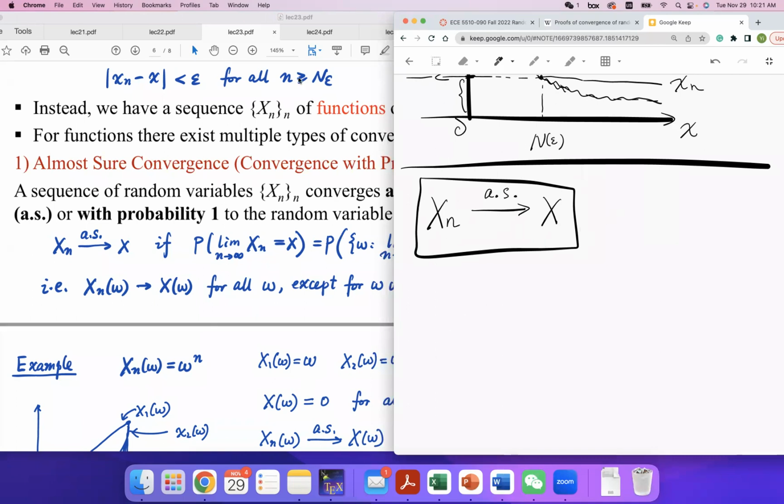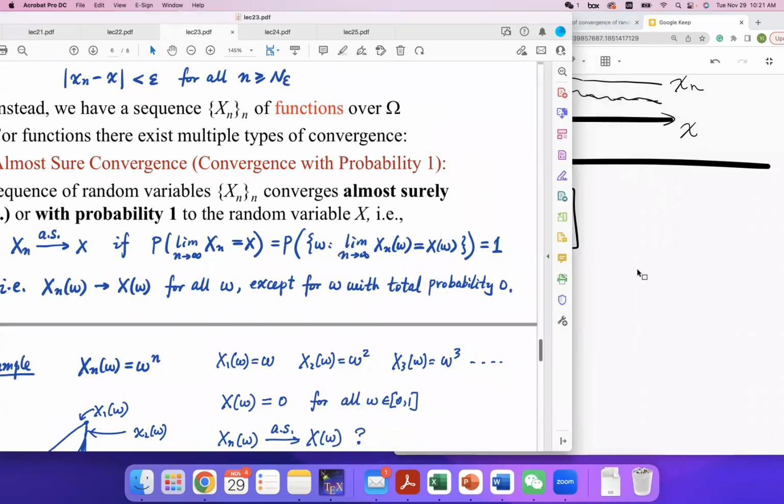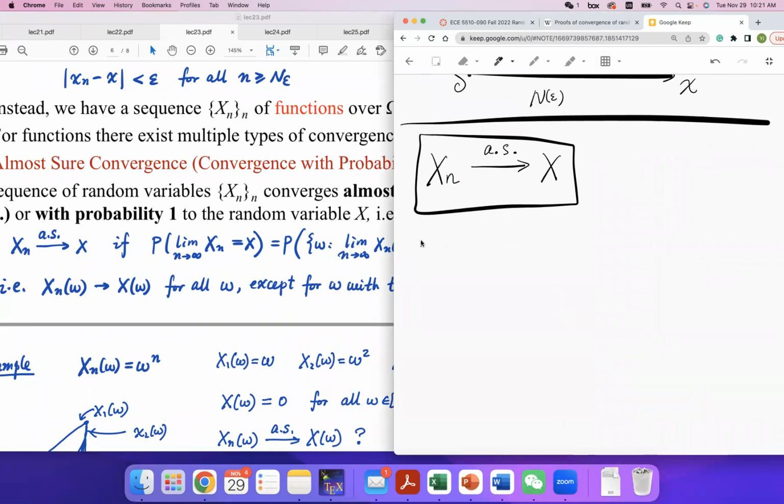What does this notation mean? It means that the probability of this event equals 1.